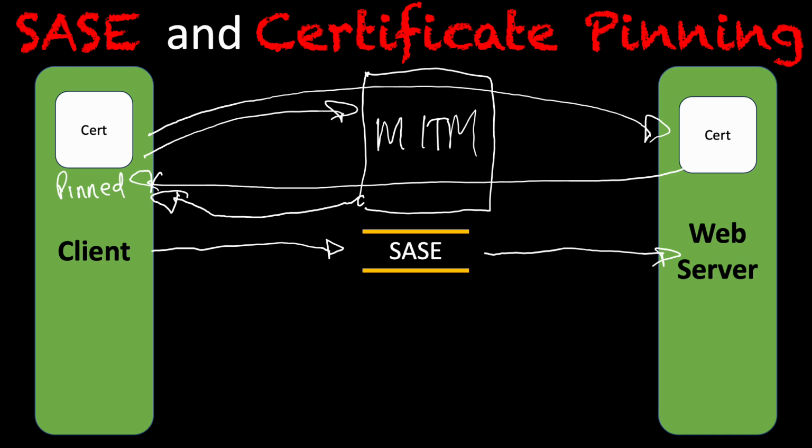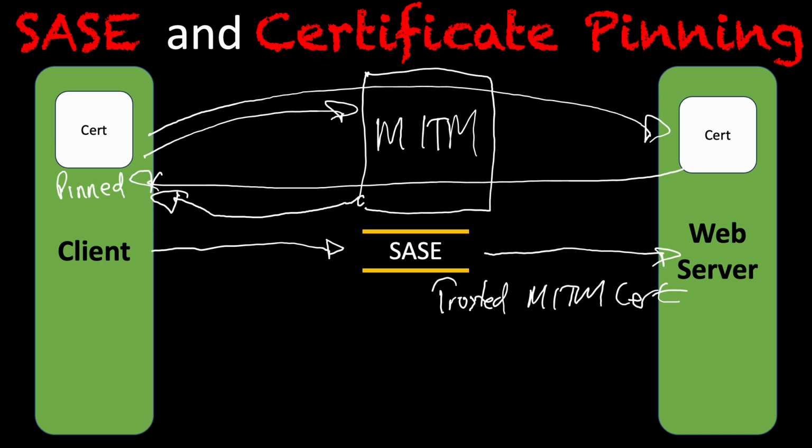Now, let's dive a little deeper into the SASE platform. The SASE platform typically issues a trusted man-in-the-middle certificate. This certificate is signed by the SASE intermediate certificate authority, or by the customer's intermediate certificate, so there is a trusted intermediate certificate there.